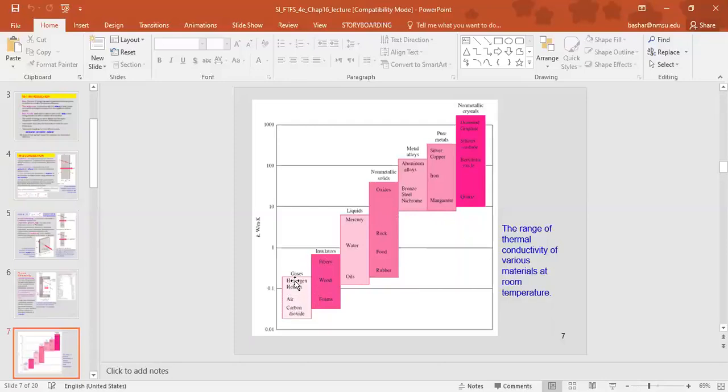The last, which has the lowest range of thermal conductivity values, are the gases such as hydrogen, helium, and air. We can see that there will be overlapping, but this is the general trend.